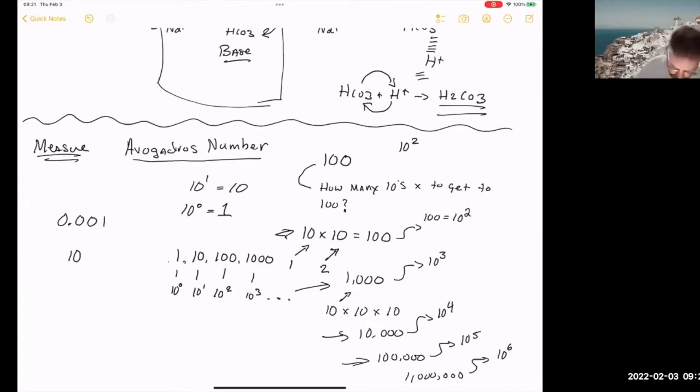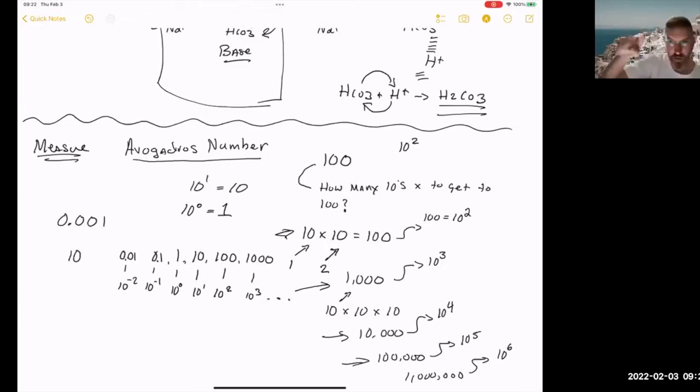Okay? So here, 0.1 would be 10 to the minus 1. And then 0.01 would be 10 to the minus 2.